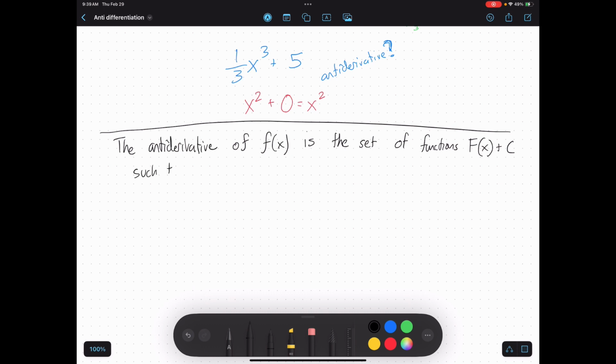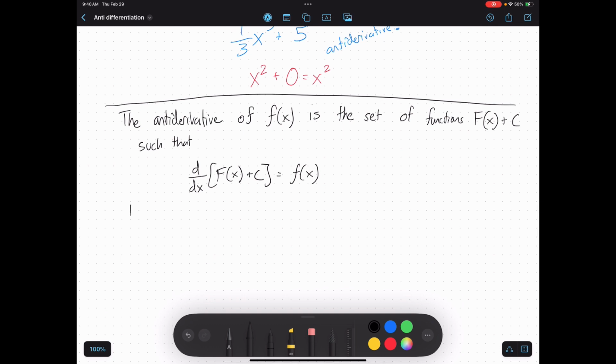Such that, what has to be true for it to be an antiderivative? It has to be true that if I take the derivative of my antiderivative, I get my original function. So I take the derivative of capital F of x plus c, I'm going to get f of x. Okay.